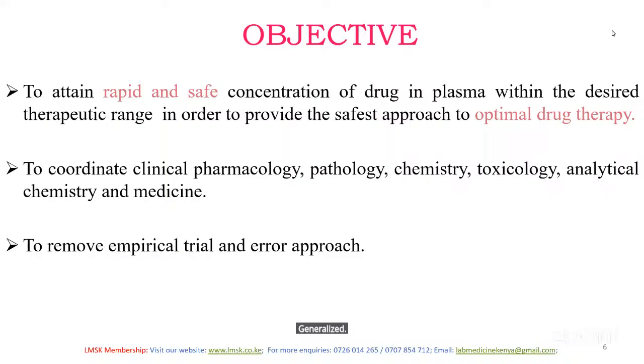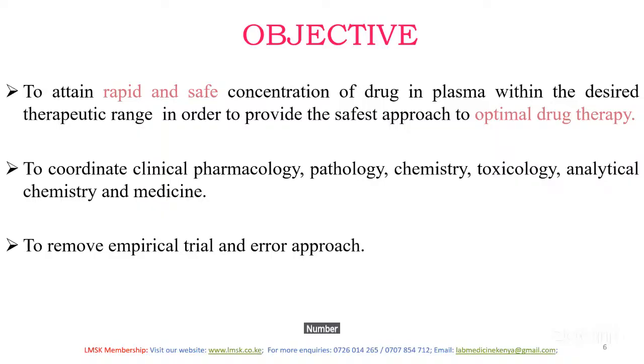Let's look at objectives of TDM. Number one, you do TDM to attain rapid and safe concentration of drug within therapeutic range in order to provide the safest approach to optimum therapy.